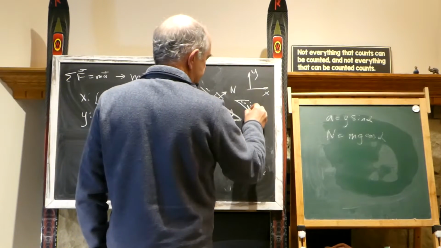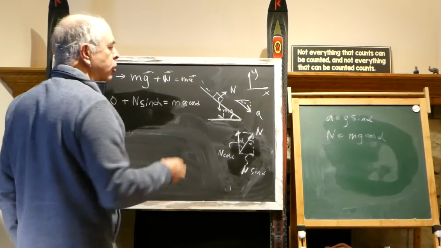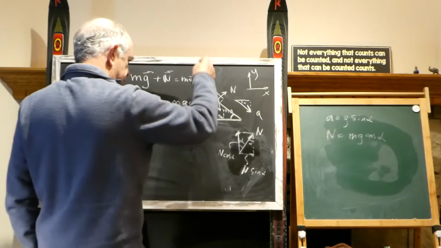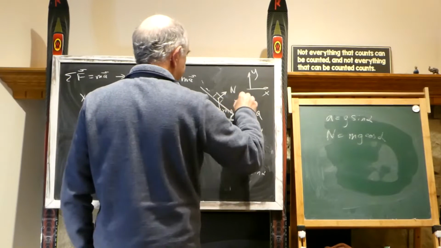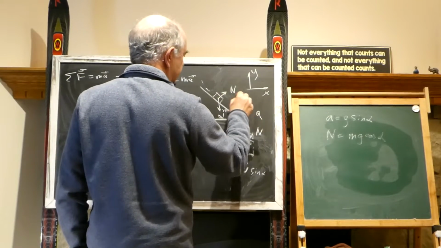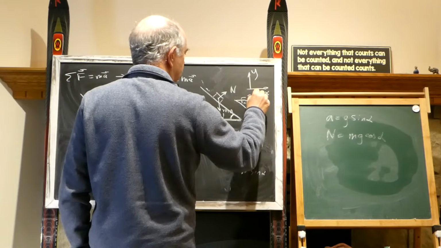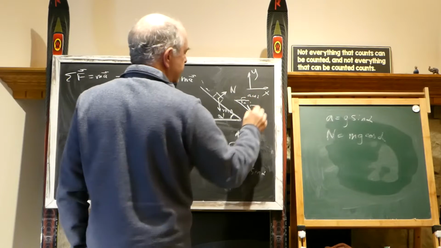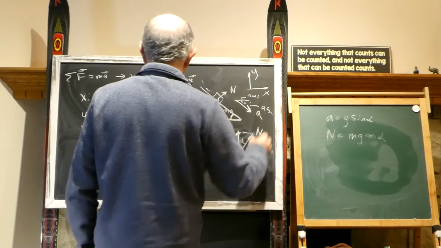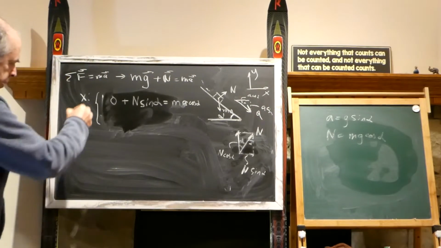Because from this triangle, a has two components: one is the x component and another is the vertical y component. So horizontal is a multiplied by cosine alpha, and this would be a sine alpha. Right, okay. So I have the first equation.